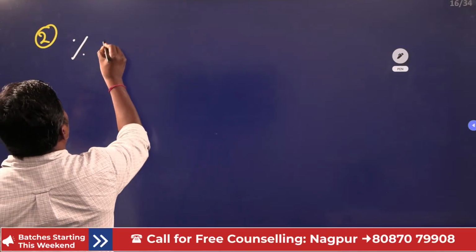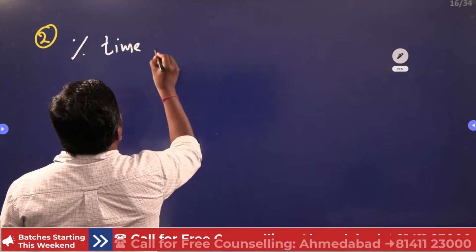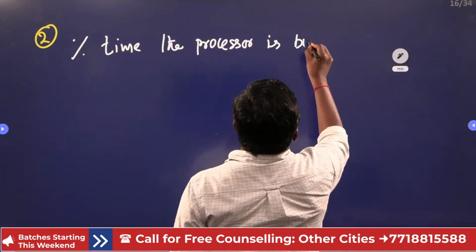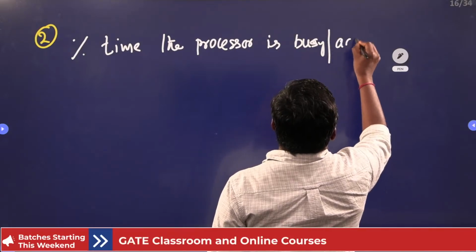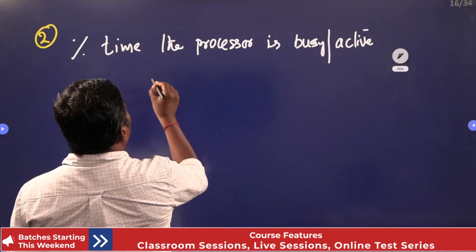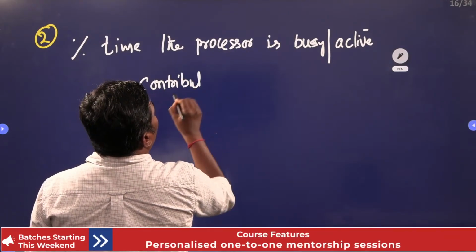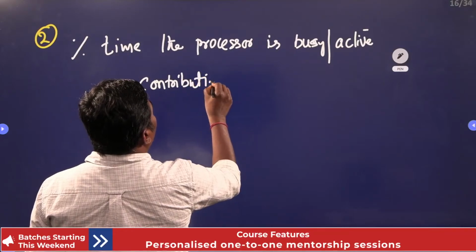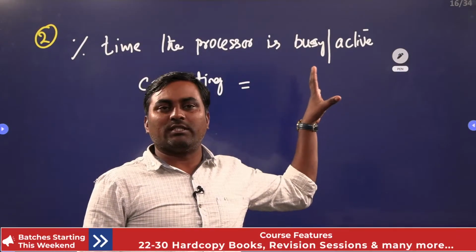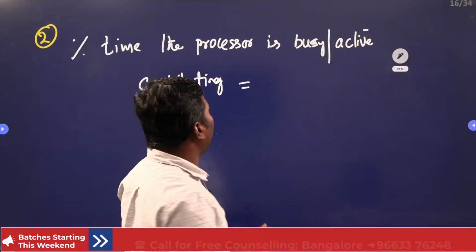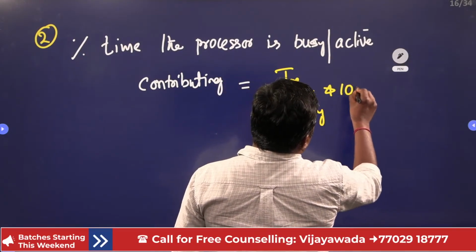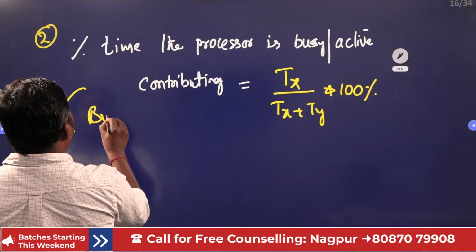The percentage of the time the processor is busy or active, or the percentage of the time the processor is contributing to the DMA controller, is given by Tx by Tx plus Ty into 100%. This is specially for burst mode.